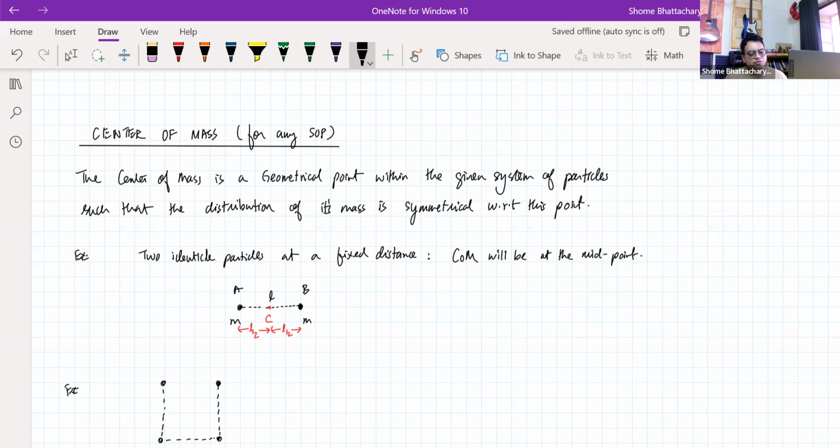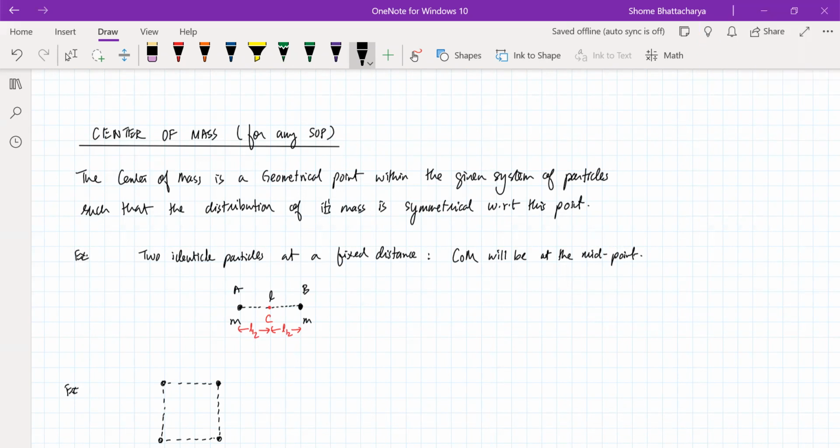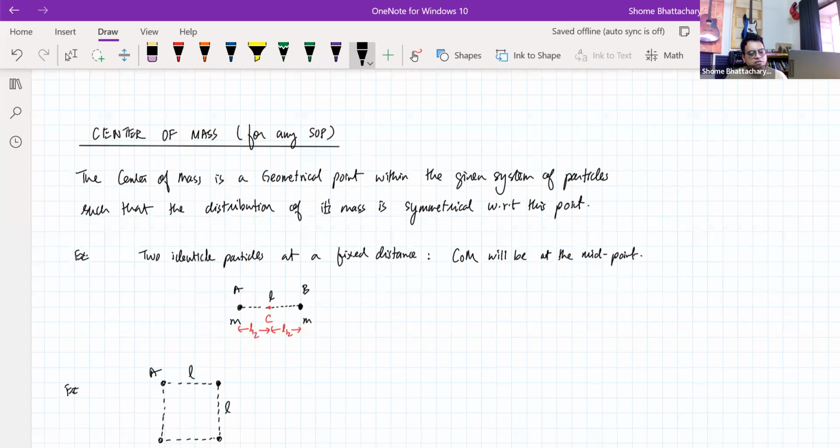Then, very simple, the center of mass is where the diagonals intersect. Yes, it would be what we call the centroid of the square. It would be the point where the diagonals or the perpendicular bisectors meet. So this time again, we have four identical mass particles.